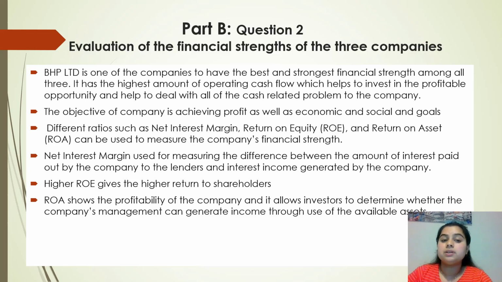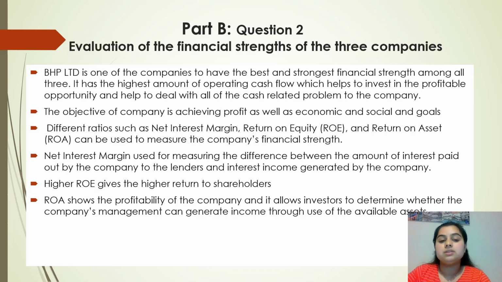The objective of the company is achieving profit as well as economic and social end goals. Different ratios such as net interest margin, return on equity, and return on assets can be used to measure the company's financial strength.